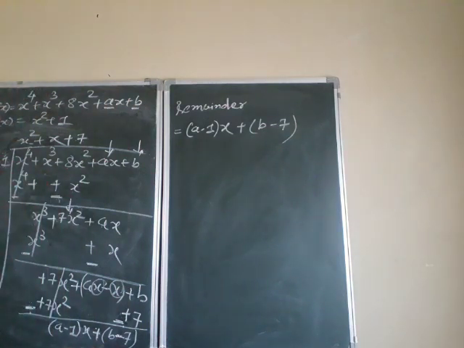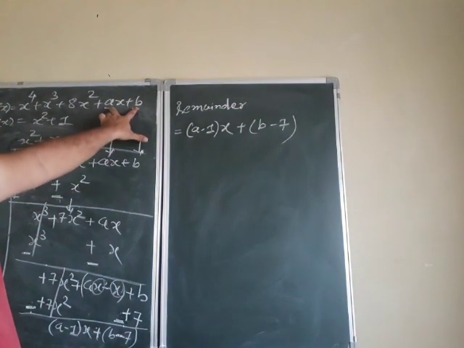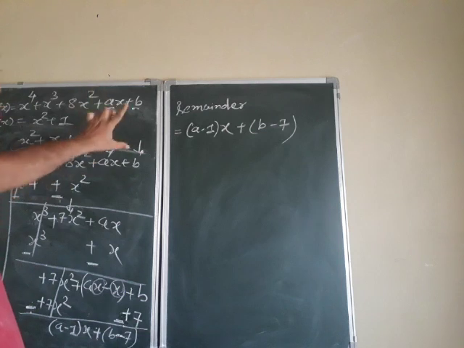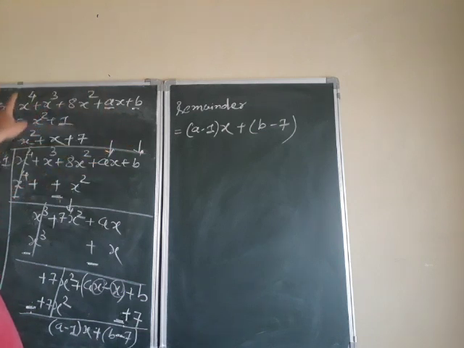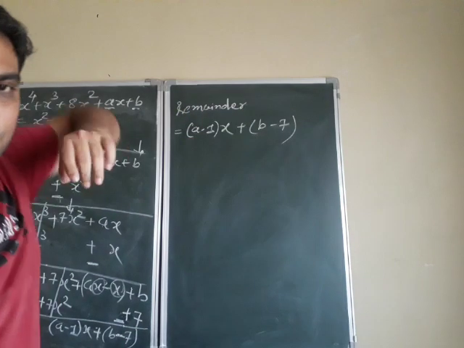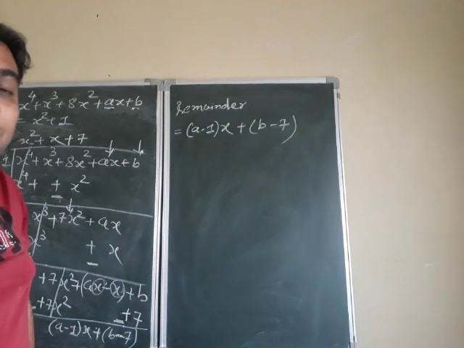Fine? Now I have to find the value of a and b in such a way so that f of x is divisible by g of x. In case f of x is divisible by g of x, in that case the remainder would be 0. Is that clear? Now remainder would be 0.